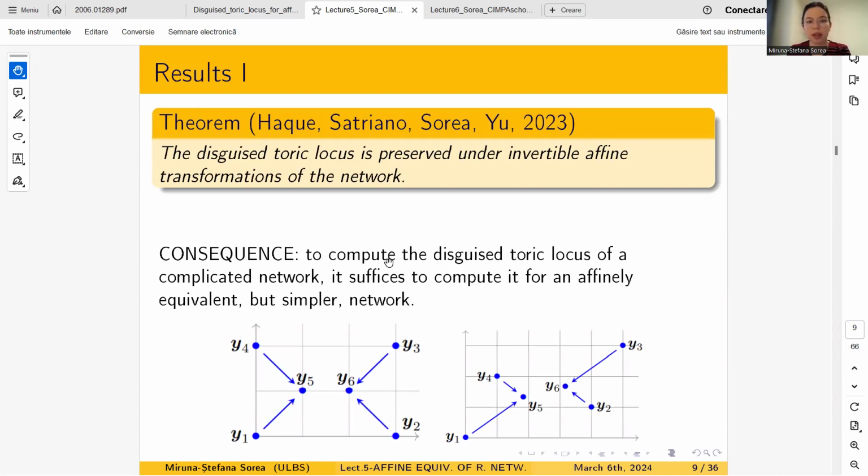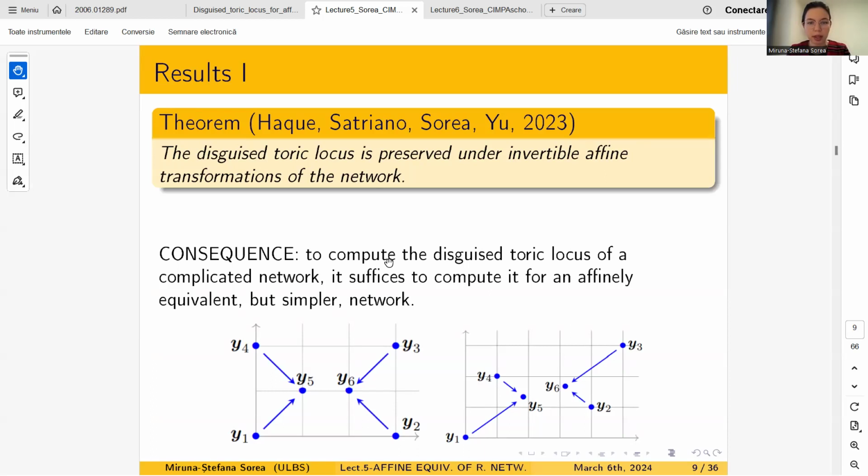Moreover, from the computational side, it is great that we can now compute the disguised toric locus. For instance, if you have a complicated network, you just take an affine transformation of it, and if you know how to compute the disguised toric locus for that one, you are now set.